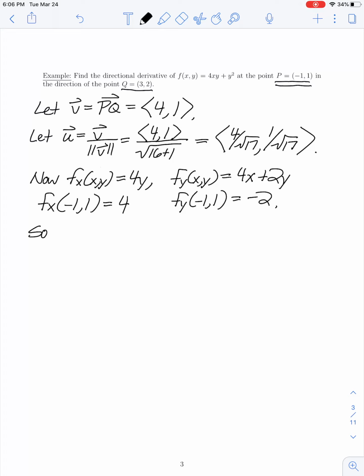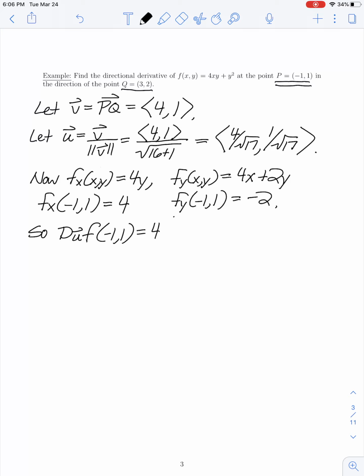Now, once we have these components, we're ready to apply our formula for the directional derivative of the function f in the direction of the unit vector u at the point negative 1, 1.